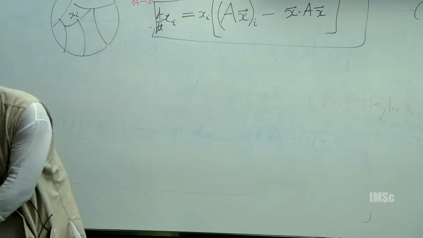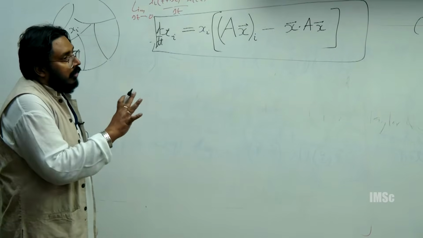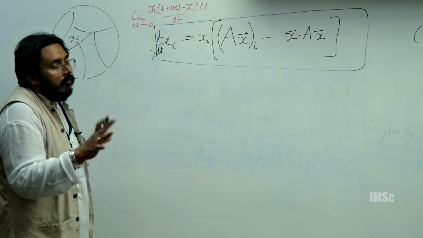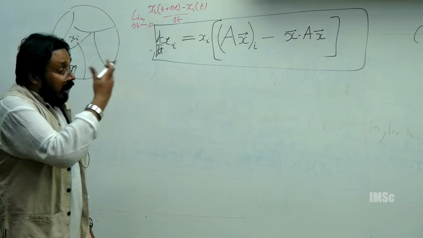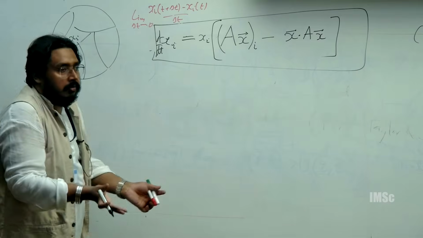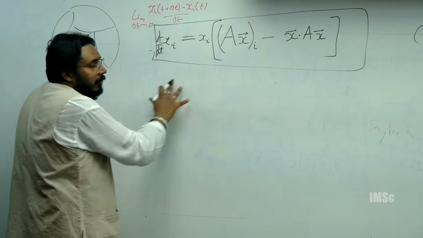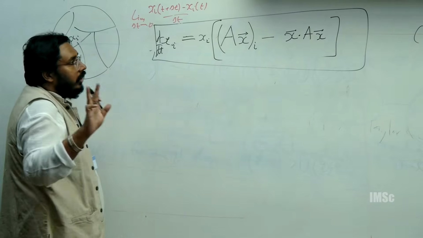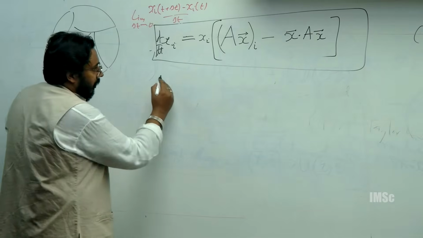Let me show you something for a very easy case. It is done in a book, it's easy. For the arbitrary case, it just becomes very messy. So what I am doing is this. Let me write down this replicator equation for only 2 actions.